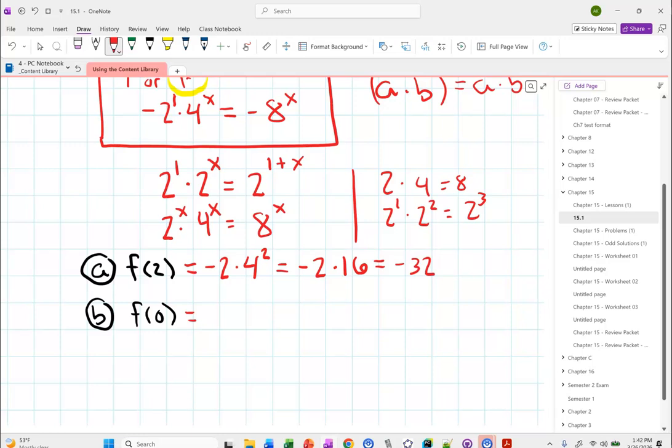Oh, this one would be 0. I don't think this one would work. It does work. Oh, wait a minute. Anything to the power 4 times 0 is 0, and 0 times negative 2 is 0. It's not times 0, it's to the power 0.